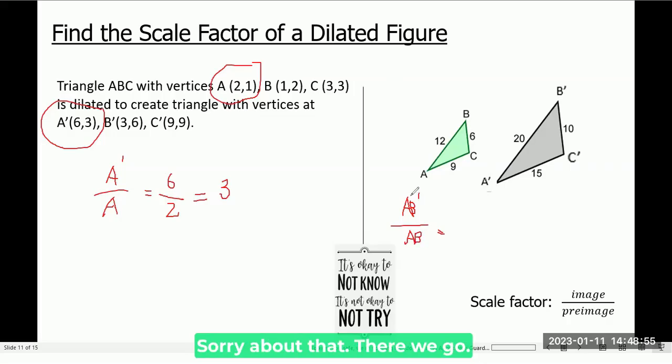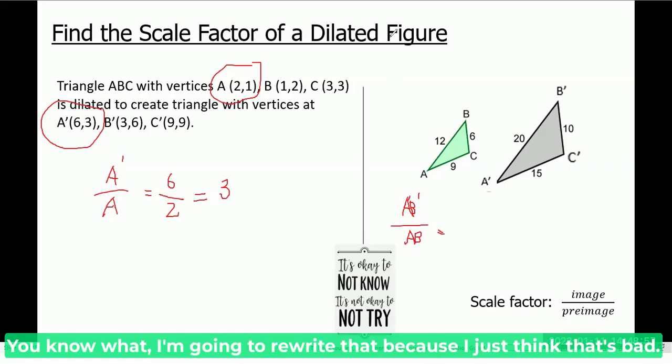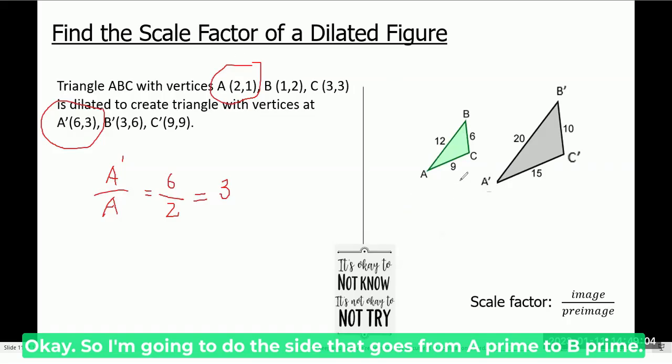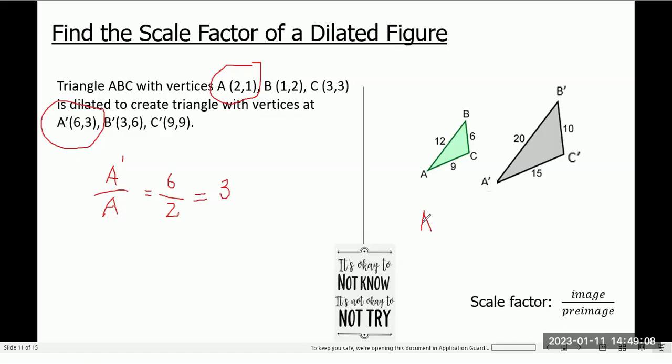Sorry about that. I'm going to rewrite that because I just think that's bad. Let's make that look a little better. So I'm going to do this side that goes from A prime to B prime. There we go. Okay, that's a little better.